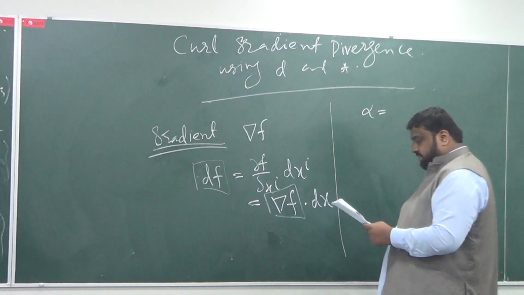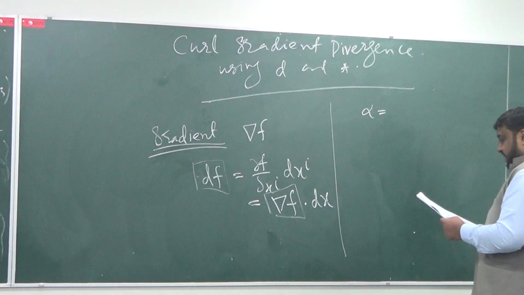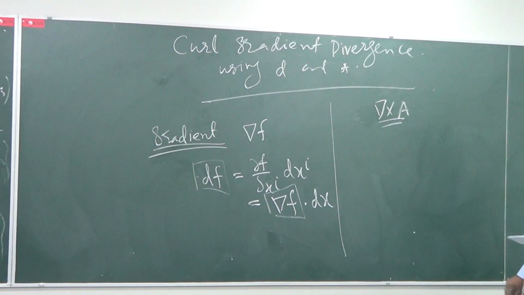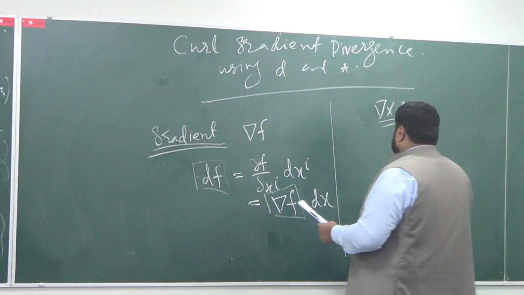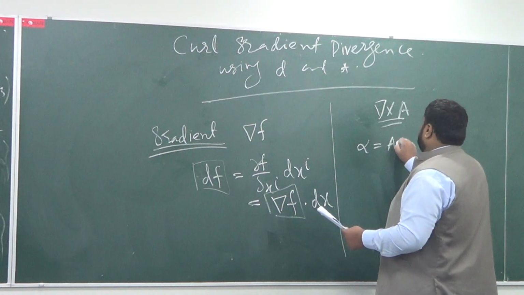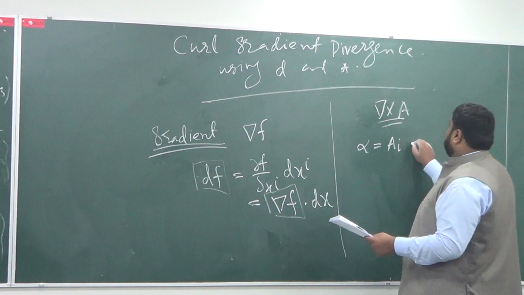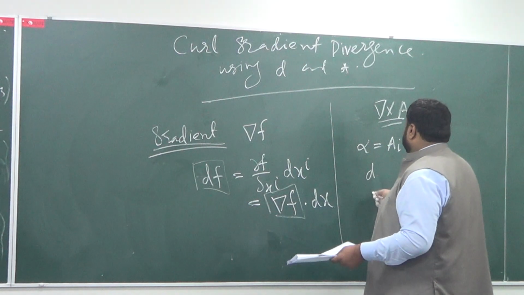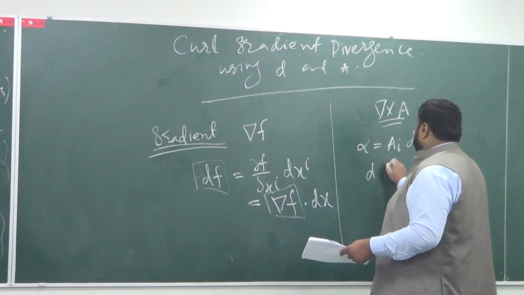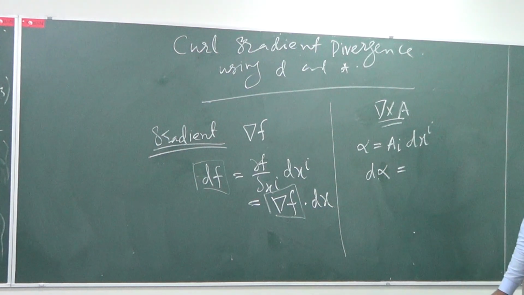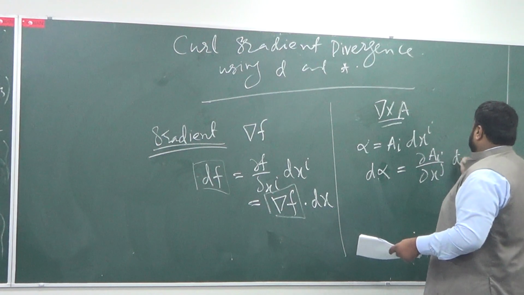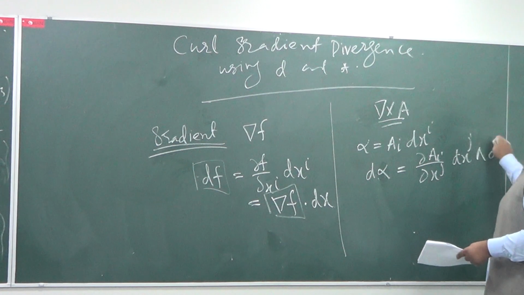Let's take a one form. The next is how to express del cross A. You can express curl in this language. So take a one form alpha, with Ai dxi, and compute the exterior derivative of this. So d alpha is going to be partial Ai by partial xj dxj wedge dxi.